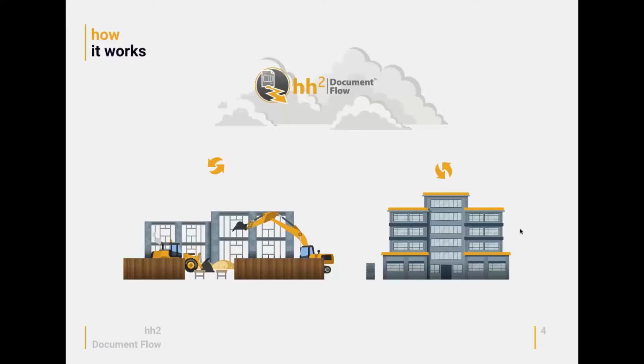The integration means that we're pulling data directly from your Sage 300 CRE accounting system and syncing that up to the cloud, and that is continuous and ongoing. When you add new vendors, jobs, cost codes, or other relevant information into the accounting system, hh2 is going to pick that up automatically and pull it into the cloud. Once you have the data in hh2, it can be used anywhere there's connectivity.